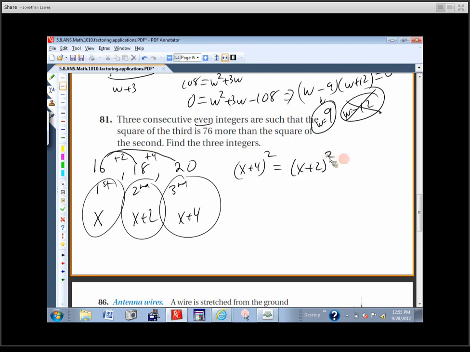X plus 2. Square that. Now, which of these two is bigger? Or sorry, let's do left side and right side so we don't confuse them. Left side or right side? Left side is bigger, right? So I need to take this side and add 76 to it so it equals that side. And then multiply them out, collect the like terms, and you've got your answer.